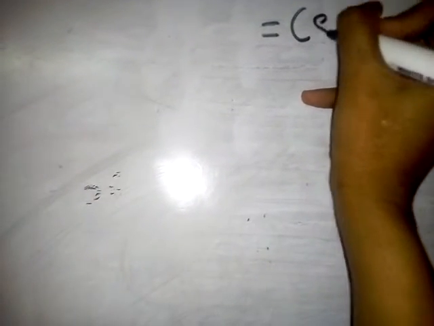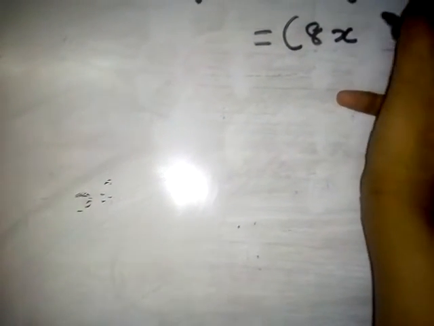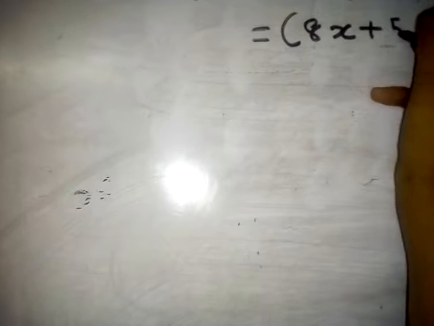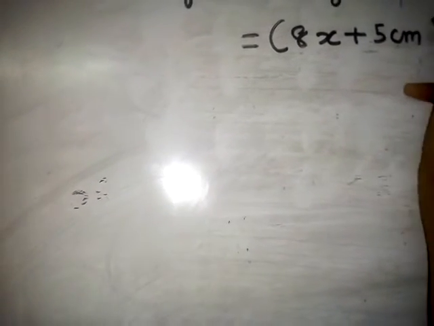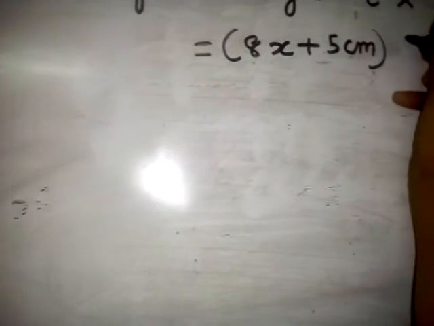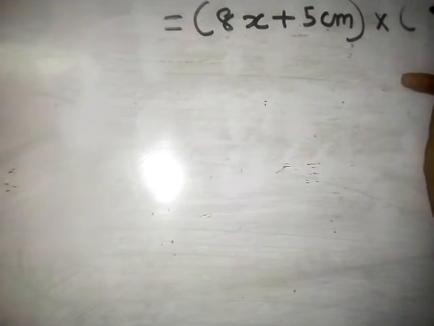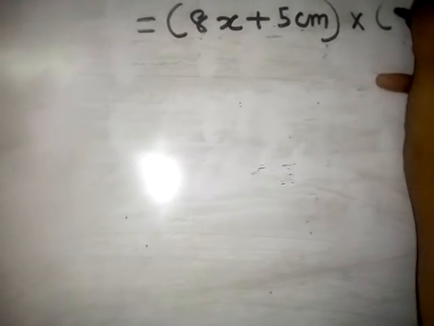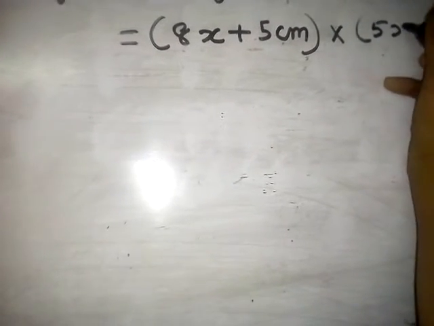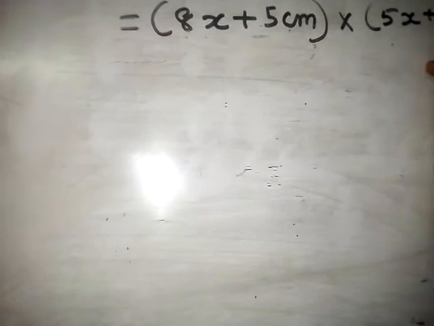That is, 8x plus 5 centimeter is length, multiply breadth is 5x plus 3 centimeter.